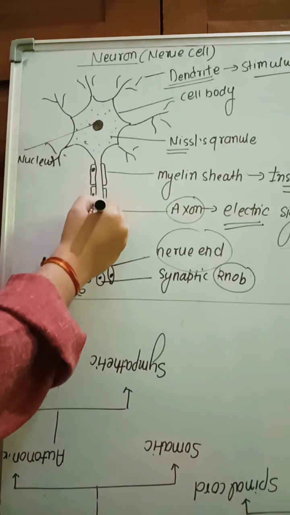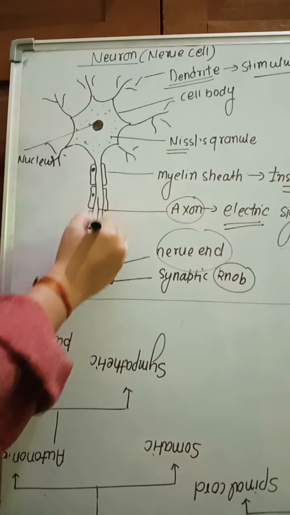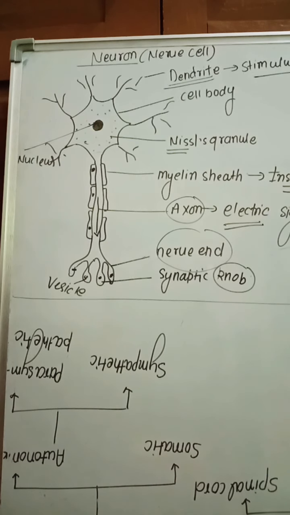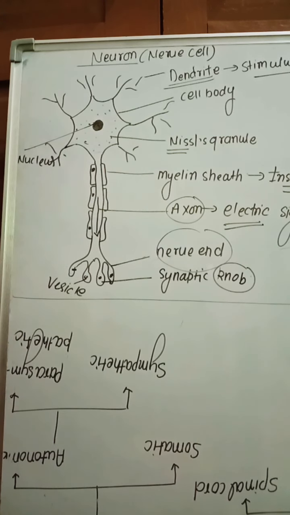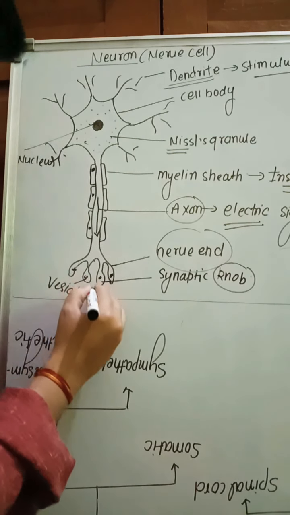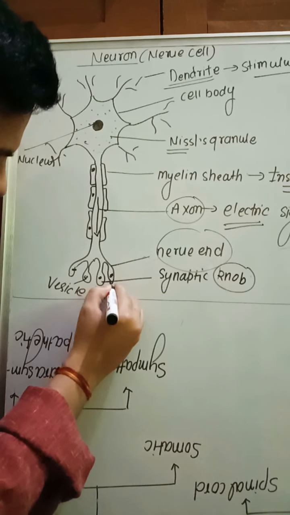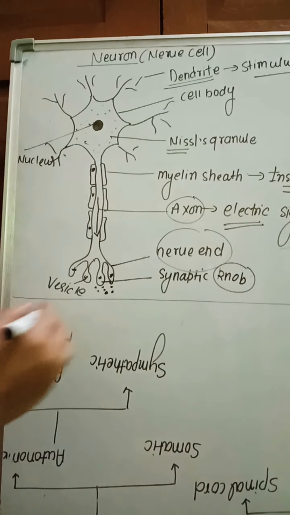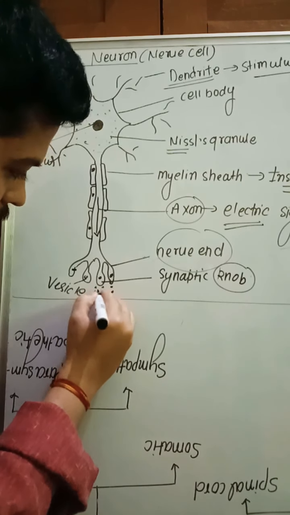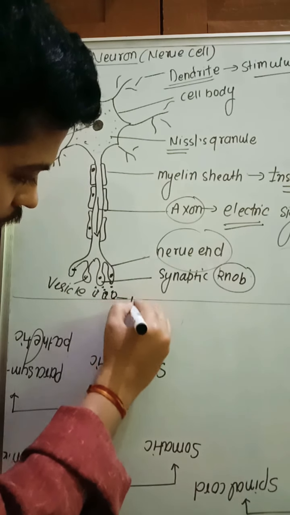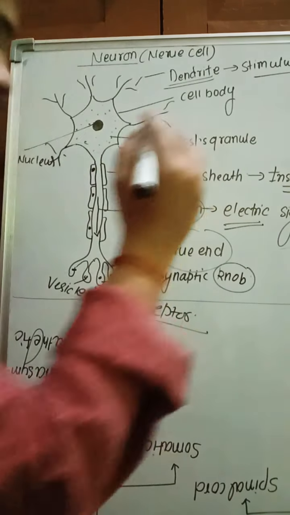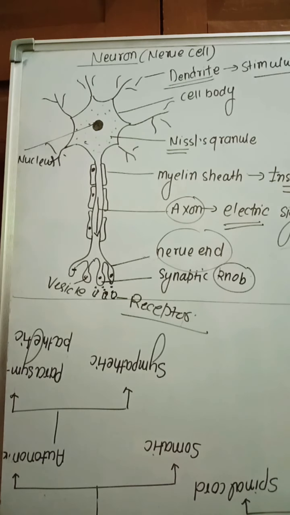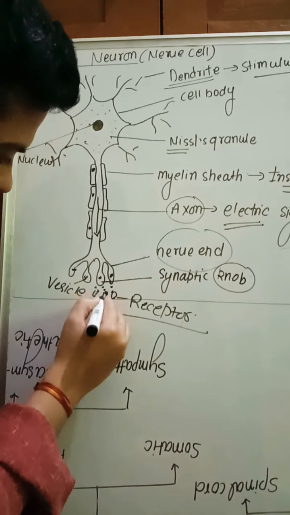When electrical impulses reach the synaptic knob, due to the gradient, these vesicles fuse with the membrane and release the neurotransmitter, which is received by the receptor of the next neuron, the next cell.